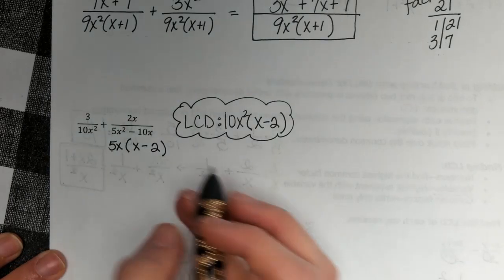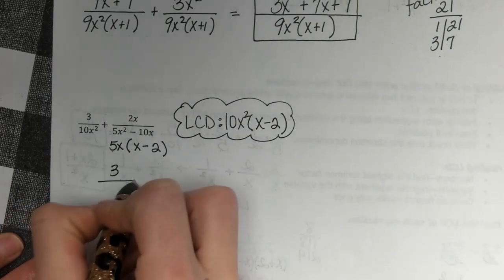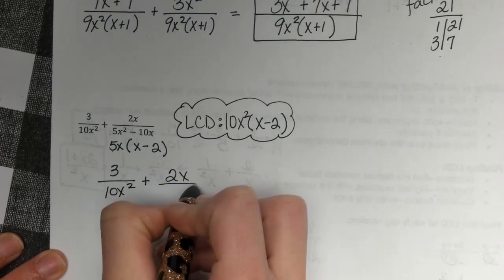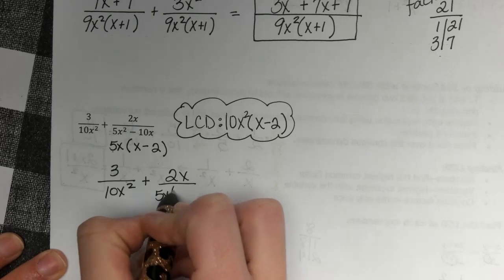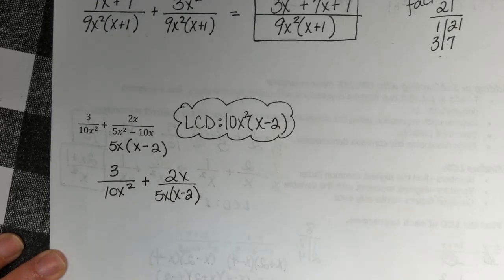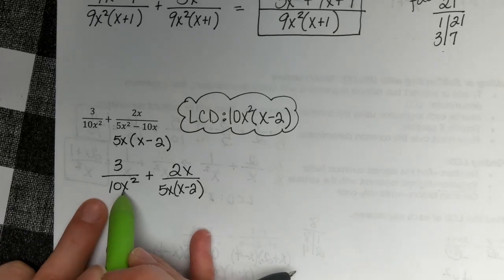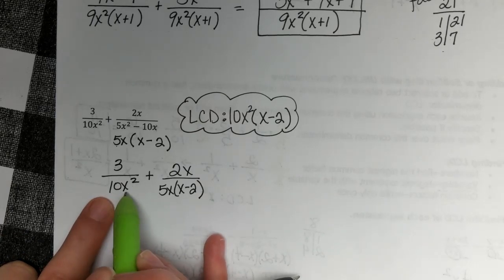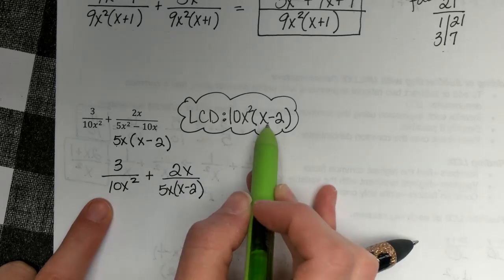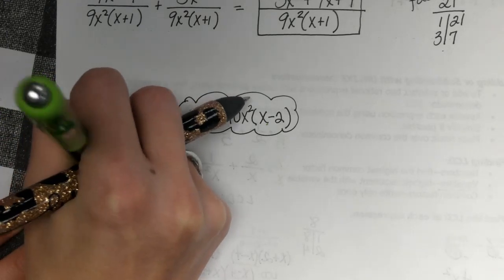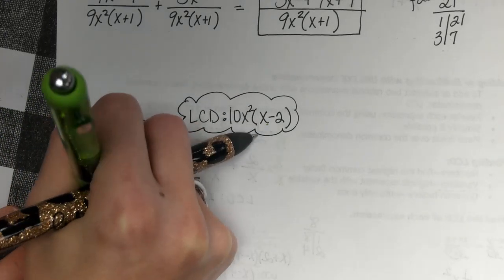Alright, so that 3 over 10x squared plus 2x over 5x times x minus 2. Okay. If I look at my first fraction, I have 10x squared. What am I missing? The x minus 2. So I'm going to multiply by x minus 2 over x minus 2.